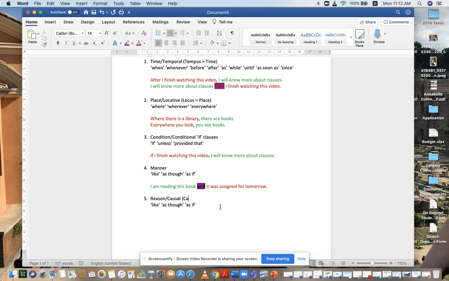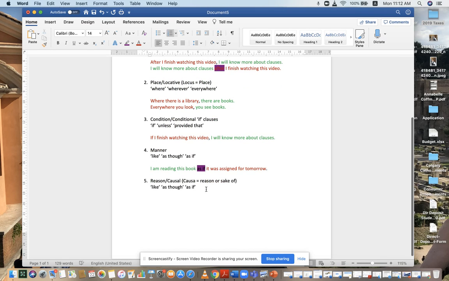Latin for reason. Causa equals reason for sake of. Now, you may see examples such as because pop up a lot. You may see since. You may also see as.